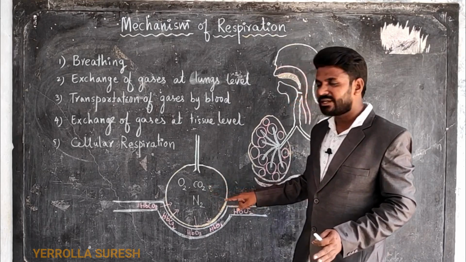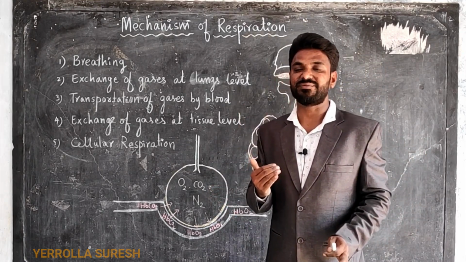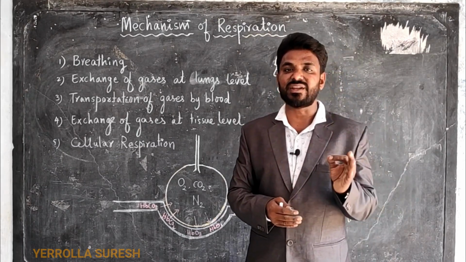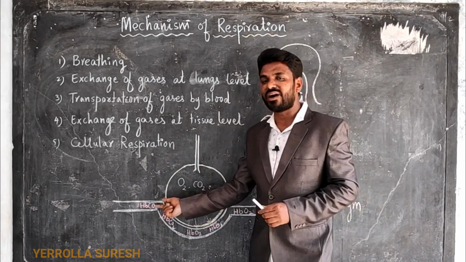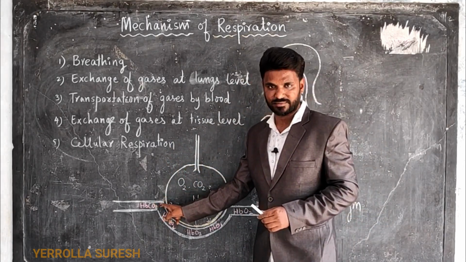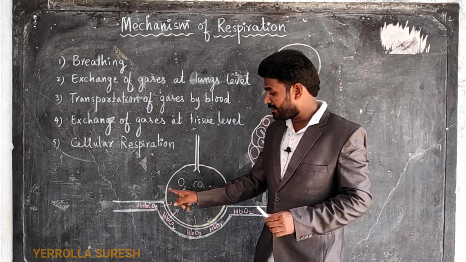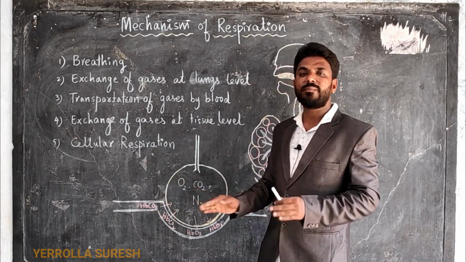So what happens? Here the principle is diffusion. Diffusion means movement of molecules from a higher concentrated area to a lower concentrated area. As the concentration of carbon dioxide is more in blood compared to the alveolus, the carbon dioxide moves from blood into the alveolus.